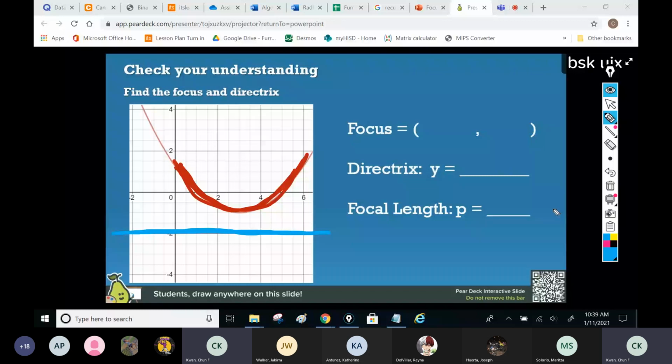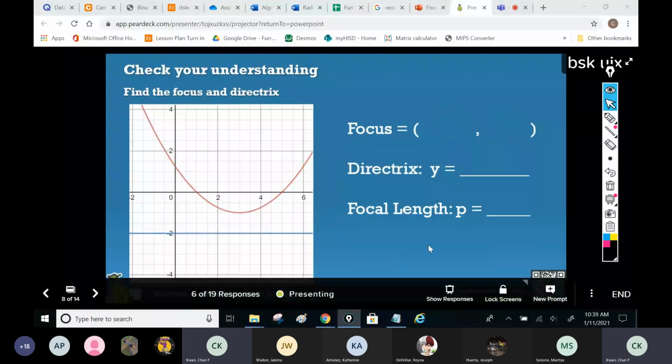So now you're going to have to find the rest. That means you need to find the focus, and you also need to find the focal length. So think about what the focal length is, and then use the focal length to help you find the focus.